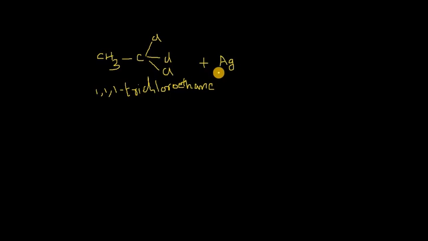Usually one silver wants one chlorine. If you treat this with silver, some unsaturation takes place. If you remove silver, this bond should be connected with another carbon. So I am going to take 2 moles of this, and in 2 moles we have 6 chlorines. So 6 silvers also I am taking in this reaction.